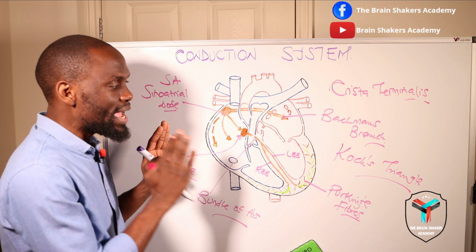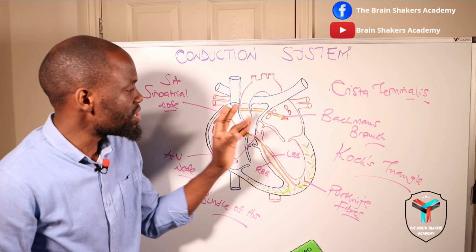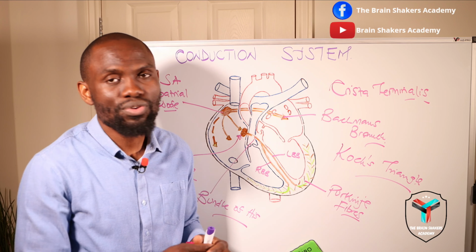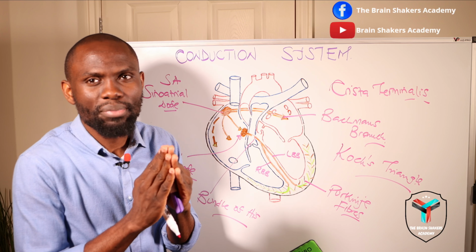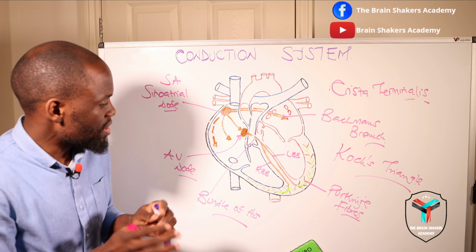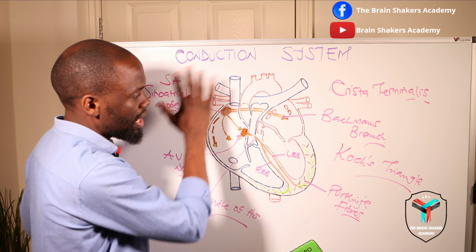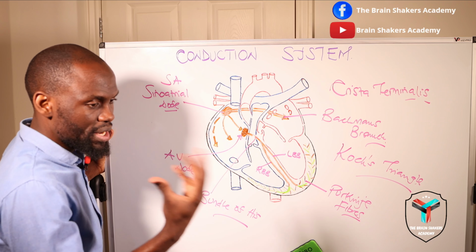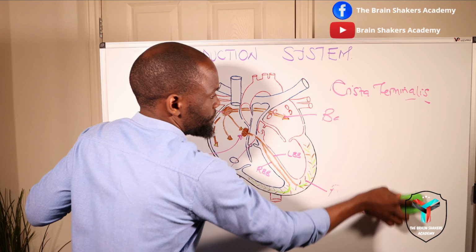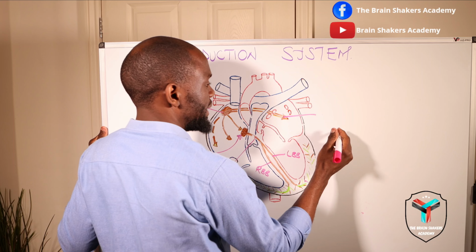So this is the way the electrical current, or action potential, is generated within the heart and passed to the rest of the heart, so that the heart can pump blood in a well-coordinated manner. During that conduction system, it is going to give you a cardiac cycle. It will give you something that will look like this.